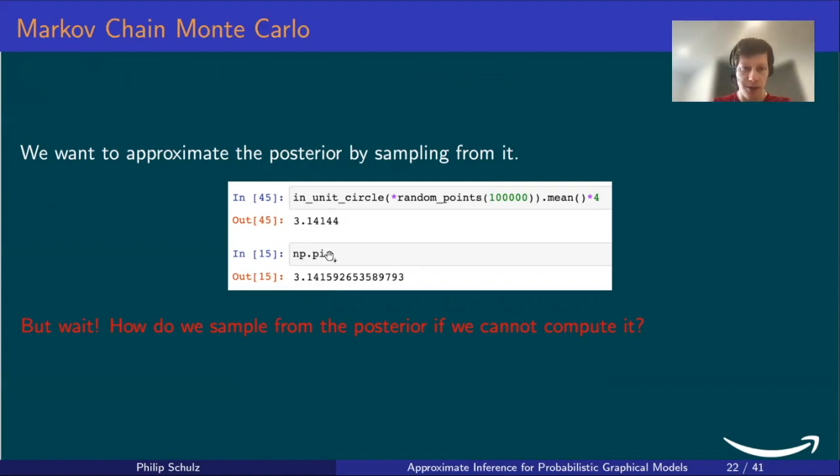We're actually hitting it up to the third digit after the comma, right? And that is the magic of Monte Carlo. The more samples you draw, the closer you are going to come to the exact value. And in particular, if instead of drawing 100,000 samples, we drew 100 million samples, chances are we'd be hitting pi very, very exactly.